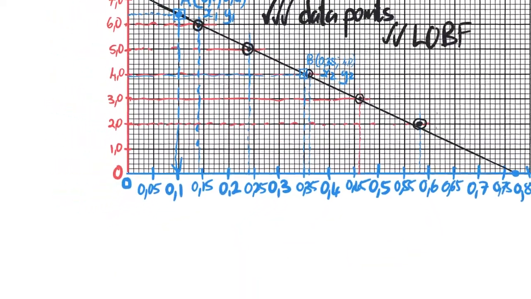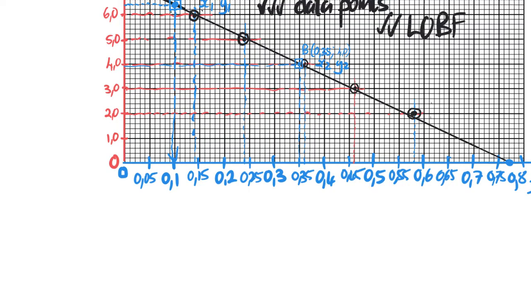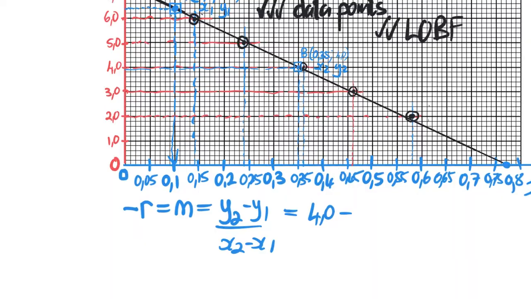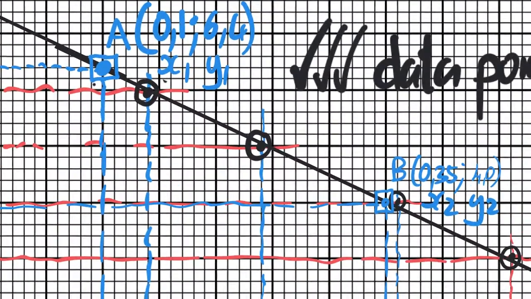Now, remember we said that the gradient m is equal to the negative value of the internal resistance. So this can equal m, which is the change in y, y2 minus y1, over x2 minus x1. So y2 is 4 minus y1. y1 is 6.4.